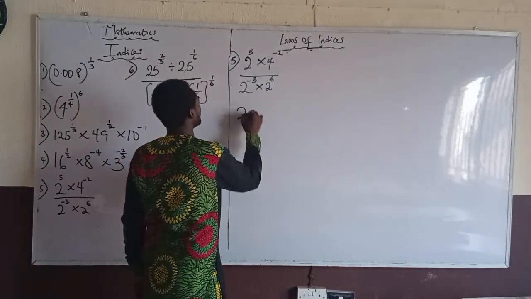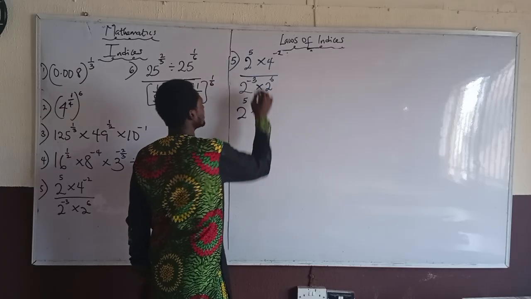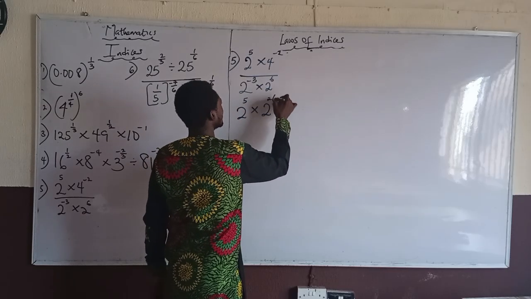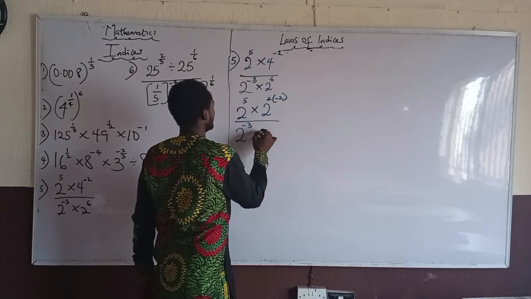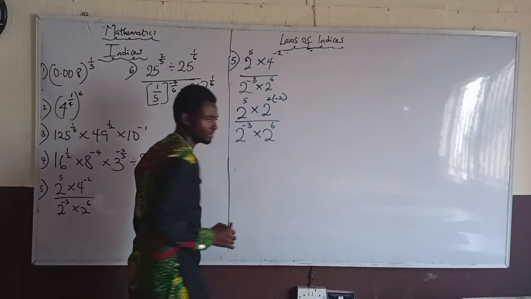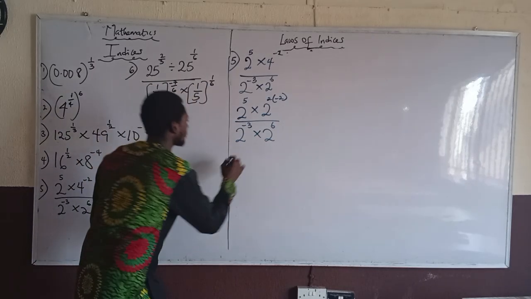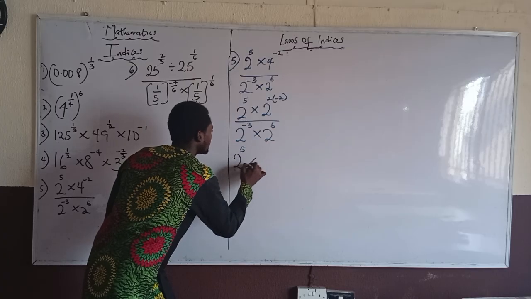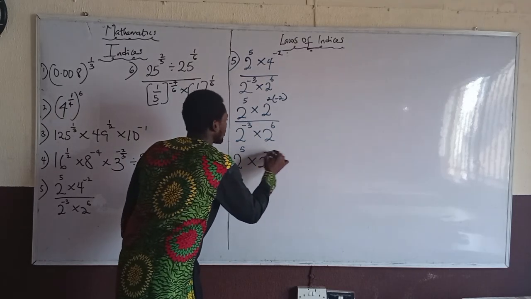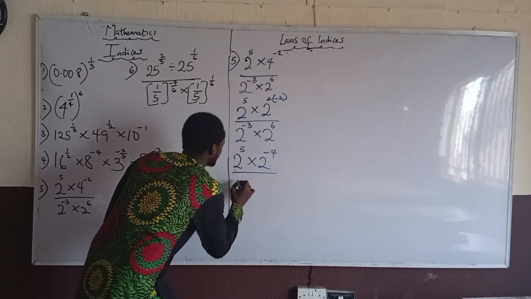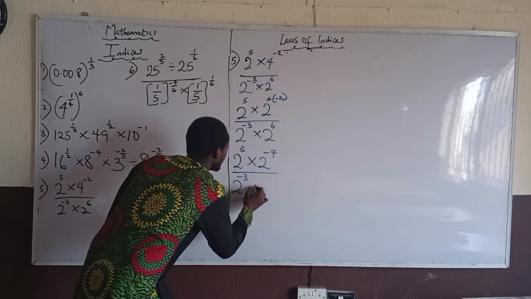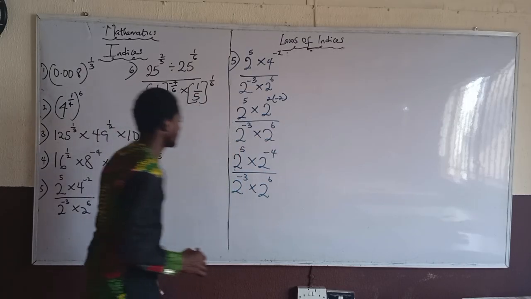So here is 2 raised to power 5 times 2 raised to power 2 times minus 2 over 2 raised to power minus 3 times 2 raised to power 6. So here becomes 2 raised to power 5 times 2 raised to power minus 4.